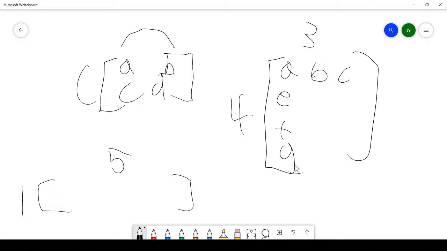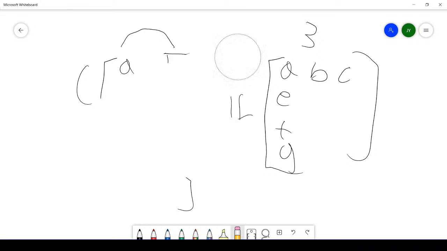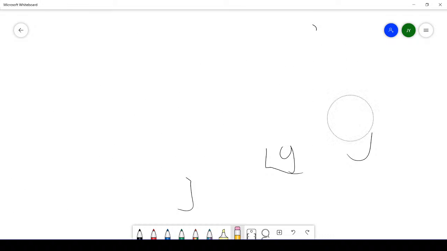So, last class, we talked about how matrices interact with each other. When you add matrices, you can only add or subtract matrices that are of the exact same dimensions.